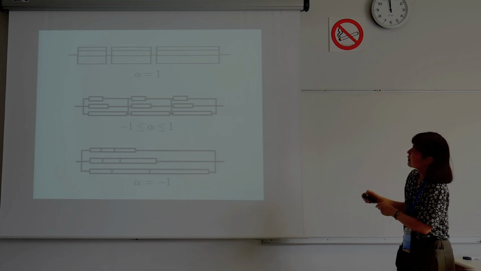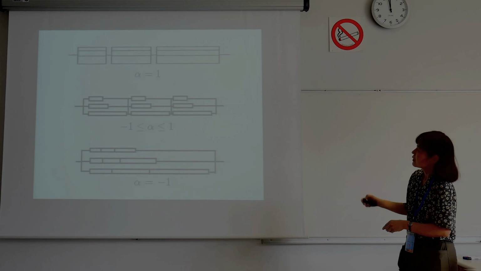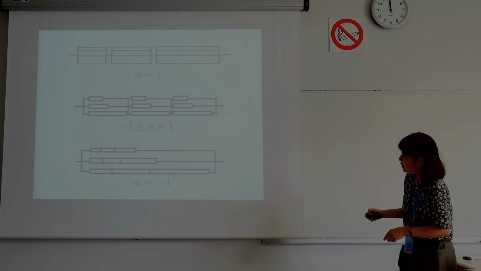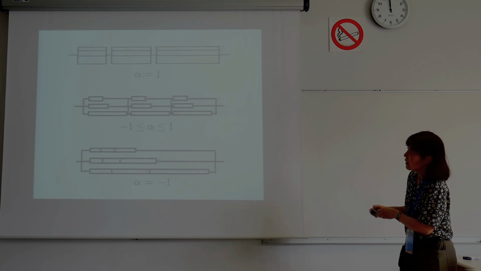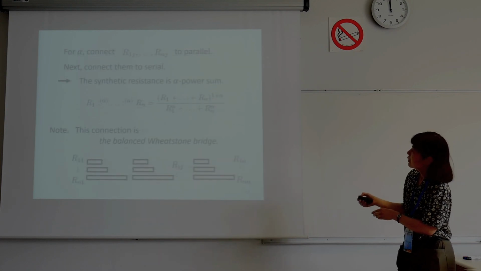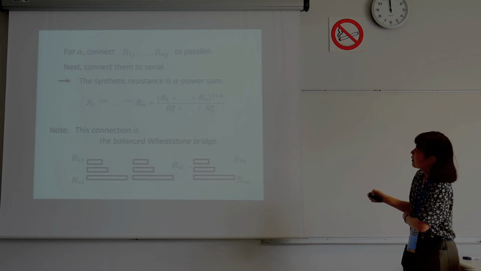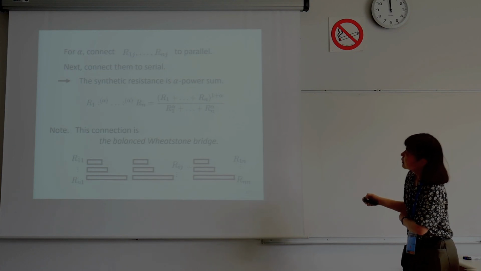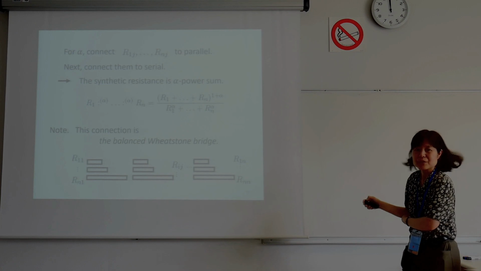If alpha is 1, the connected resistance is a series circuit, and for alpha minus 1 the connected circuit makes parallel circuits. Then the synthetic resistance is the alpha power sum, for fixed alpha.